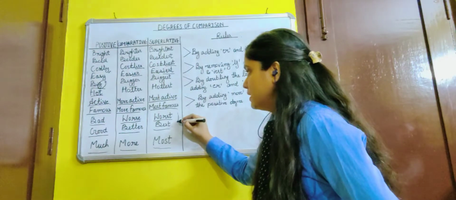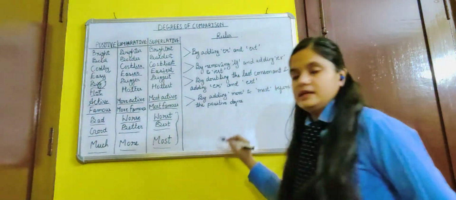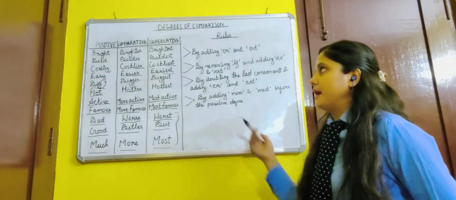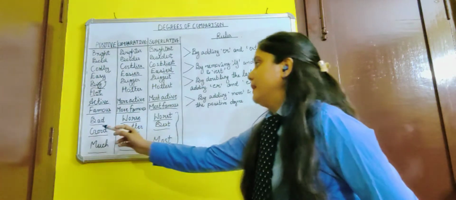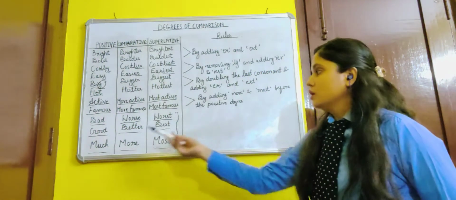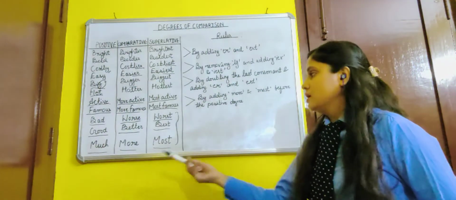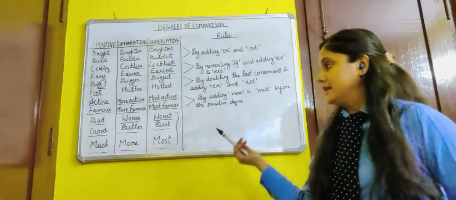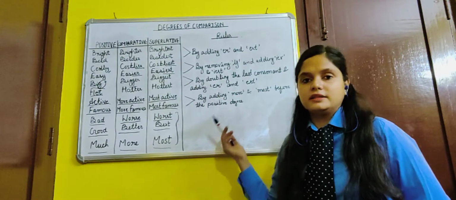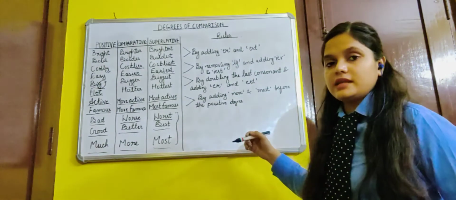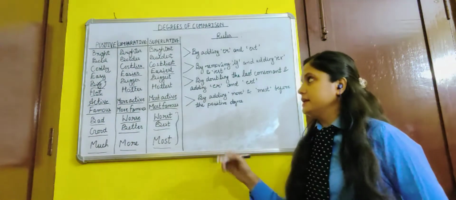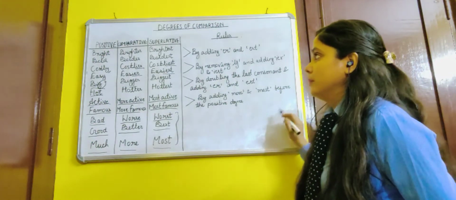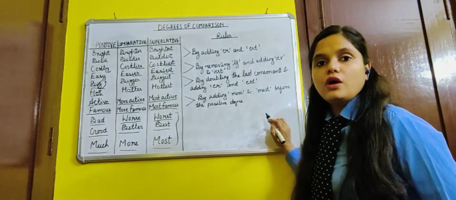So you have to remember this, and you have to learn their comparative and superlative degrees, like bad, worse, worst; good, better, best; much, more, most; little, less, least; or far, farther, farthest. So these types of words don't follow any pattern or rule to make their comparative and superlative degrees.